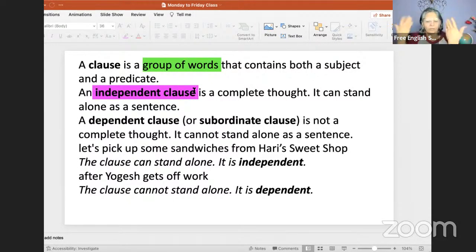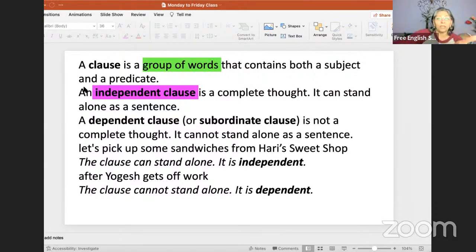You are working, making money, able to afford things, able to support yourself. If you are married, you are able to support your family. So you are independent. The same thing applies in a sentence. The independent clause is a complete thought, and it can stand alone as a sentence. So learn this in English and repeat it after me. You can imitate me. That is also a way to speak, right?